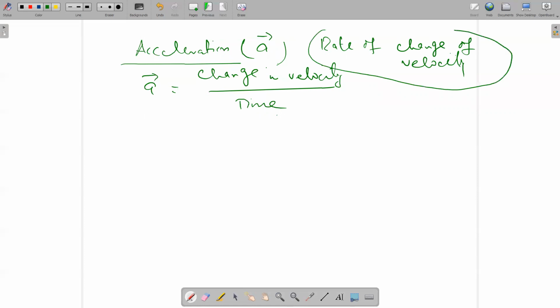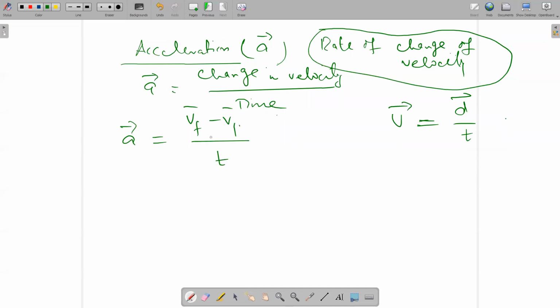But here the words are very important. Every word has some meaning. For velocity, you can write d over dt like this, no problem. But when you want to write the acceleration, you always write vf minus vi over t, or tf minus ti.